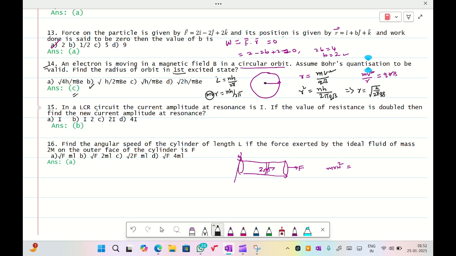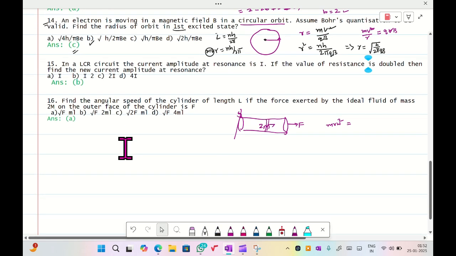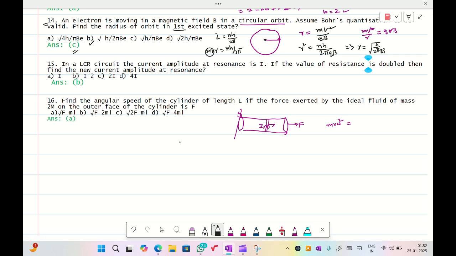So the LR circuit we will see later. Now the 16th question. Let the element dx at a distance x be considered, and the mass is given. The force is acting in the direction given in the question.